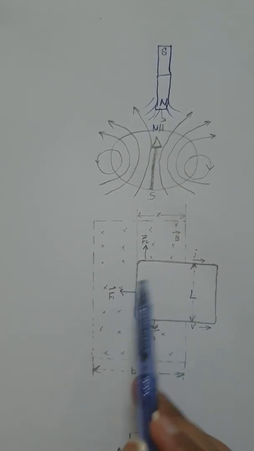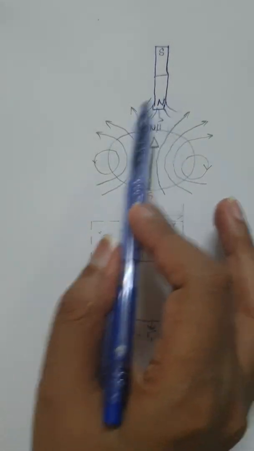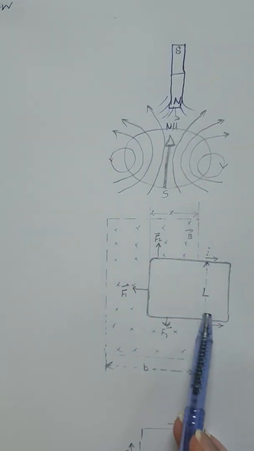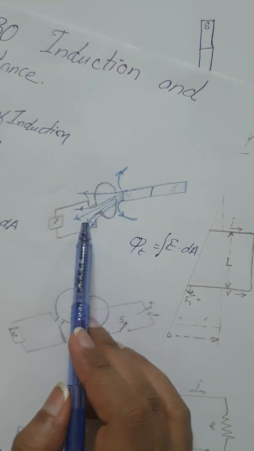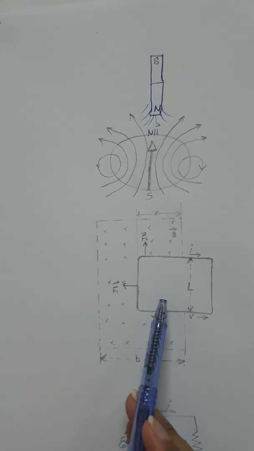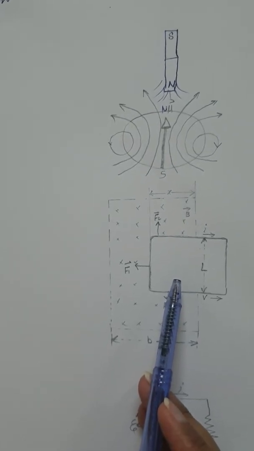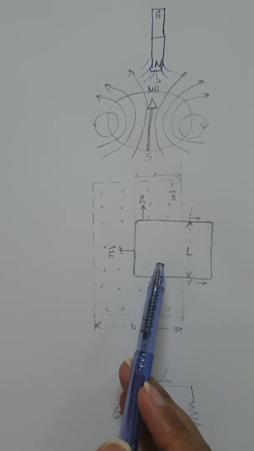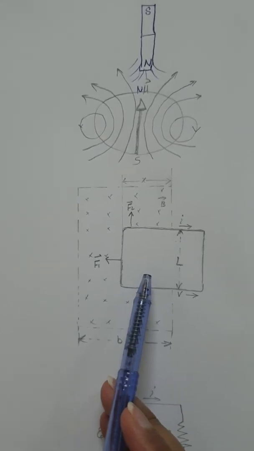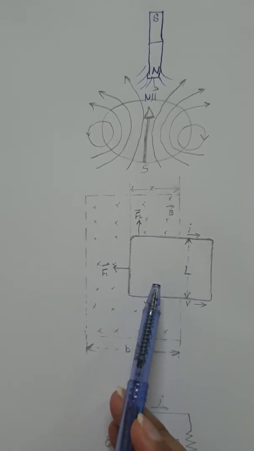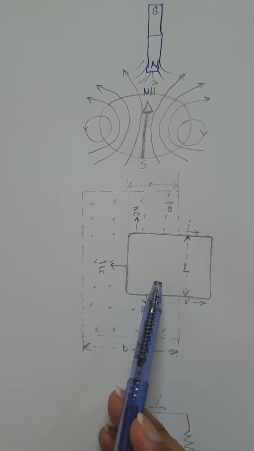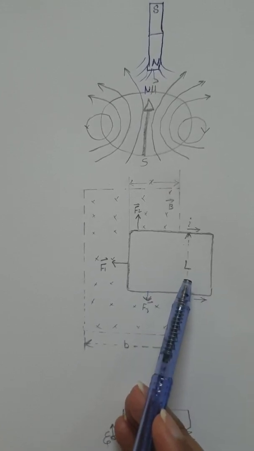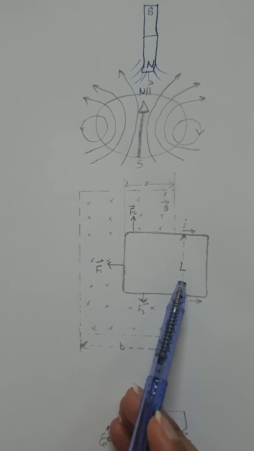We can compare it with the same case. Here there was also a relative motion, and here it is also a relative motion. In each case, a magnetic field and a conducting loop are in relative motion, and in each case the flux of the field through the loop is changing with time.